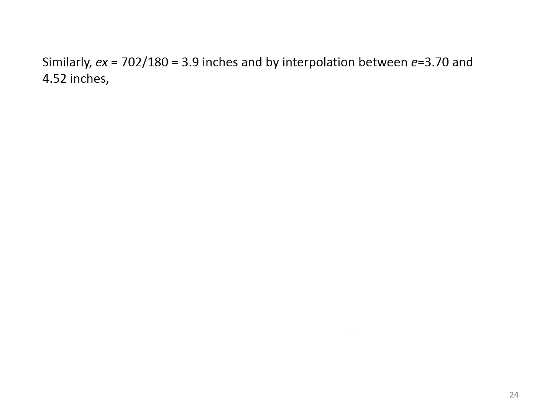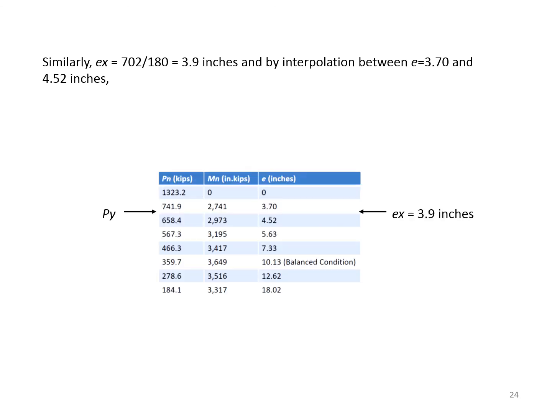Now, similarly, Ex is equal to 702 divided by 180, which is 3.9 inches. And by interpolation between e equal to 3.7 and 4.52 inches, we can find out what Py is, which turns out to be equal to 721.5 kips.